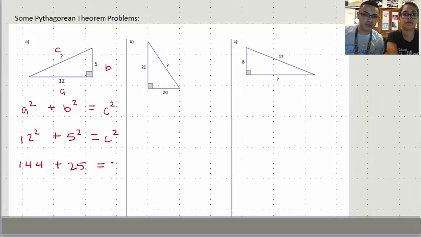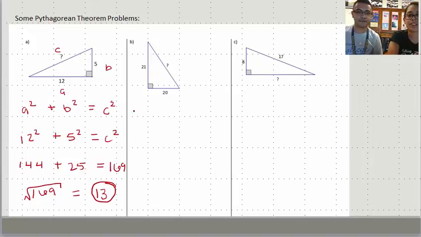And once we add these two numbers up, it should be 169. So then what we would want to do is grab the square root of this number, 169, and that should give us our final answer, which is 13.